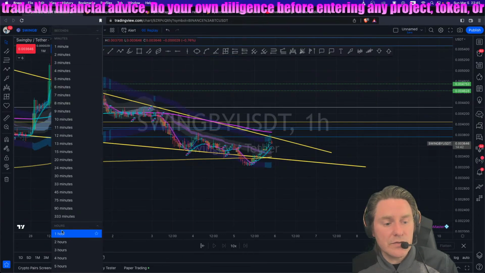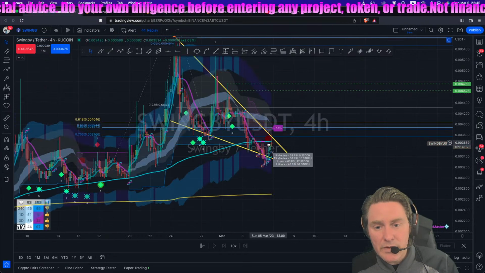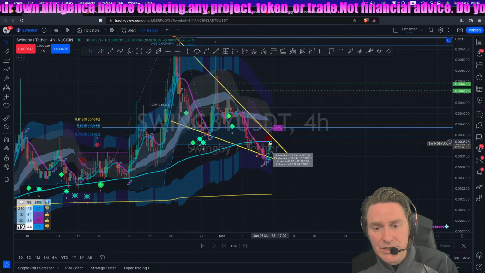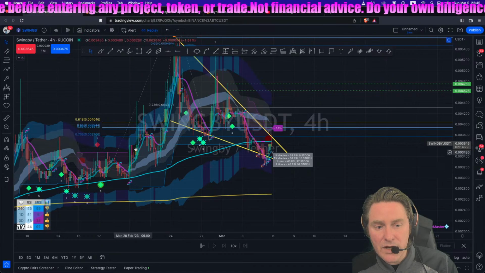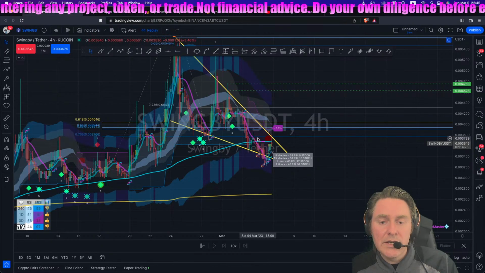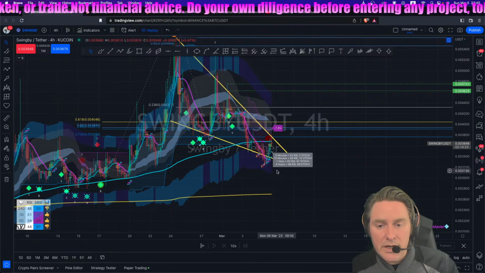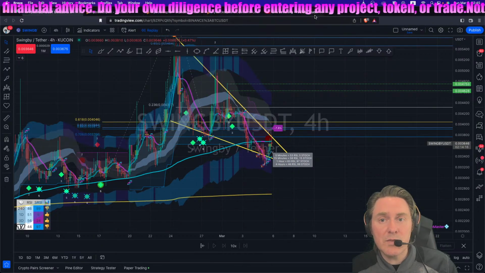Oh, and also I overlooked the rejection of the weighted moving average. The weighted moving average is above us, and you're getting that bearish retest rejection possibility playing out. So that's not good. You want to see it bounce off of it, not reject off of it. So as we stand right now, I would reassess and look for another entry possibility down at the bottom of the pattern, and that's Swing B.